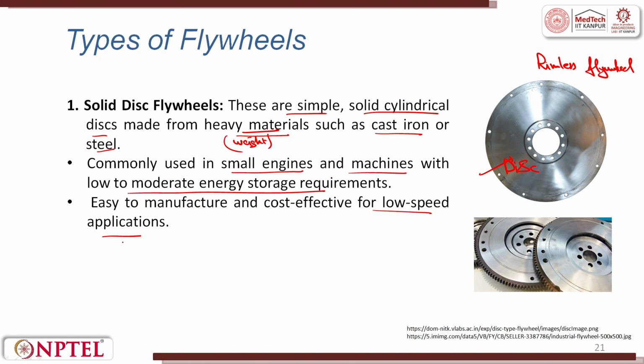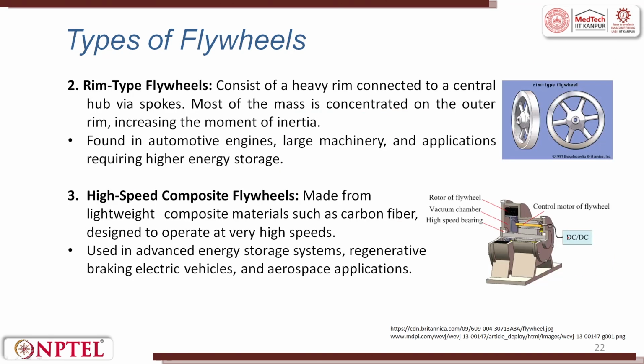For example, you see this gear is there, its hub doesn't have a sprocket, it itself has a solid disc here. So this works as a disc flywheel here. Then comes the rim type, which is most commonly used. These consist of a heavy rim connected to a central hub via spokes. This is a rim, these are the spokes, this is a hub.